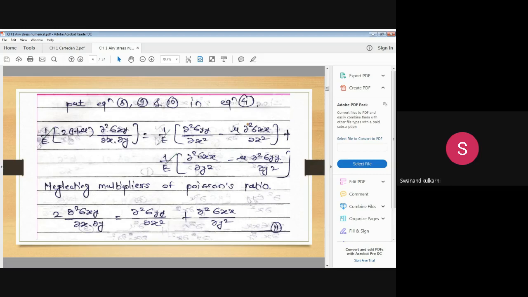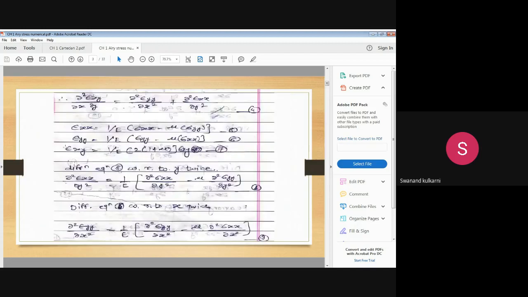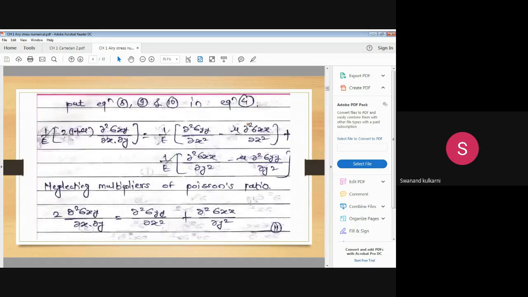So let us substitute equations 8, 9, and 10 in equation number 4. Then we will see that this is 1 upon E into bracket 2 into bracket 1 plus mu dou 2 sigma xy upon dou x dou y.